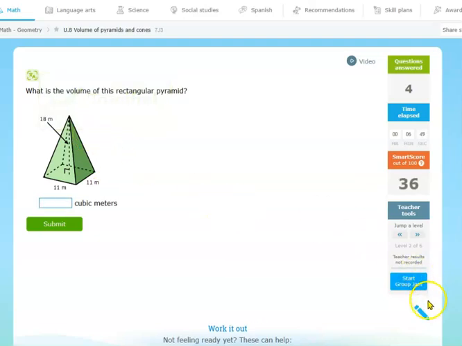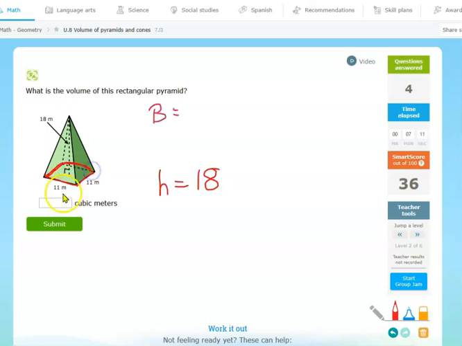All right, back to a pyramid, but we know for all of these problems, we just need the area of the base, and we need the height. Height is 18. Okay, so this base is like a rectangle, or actually it looks like it's a square again, because it's 11 and 11.